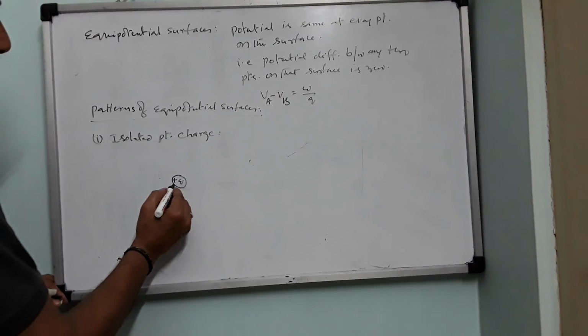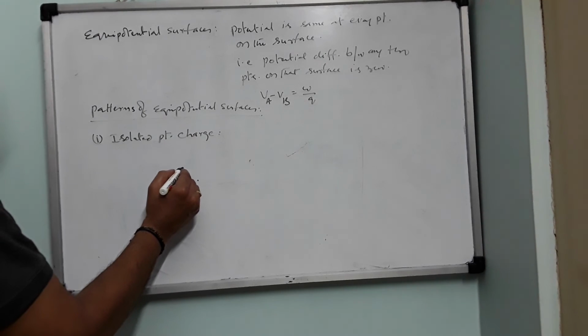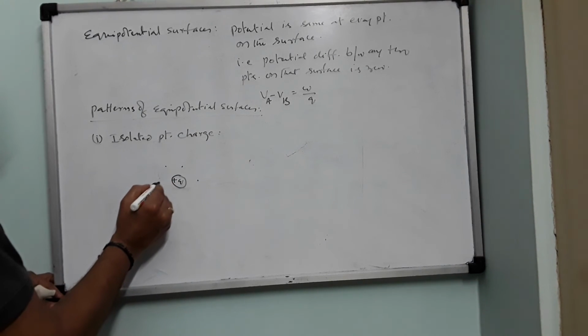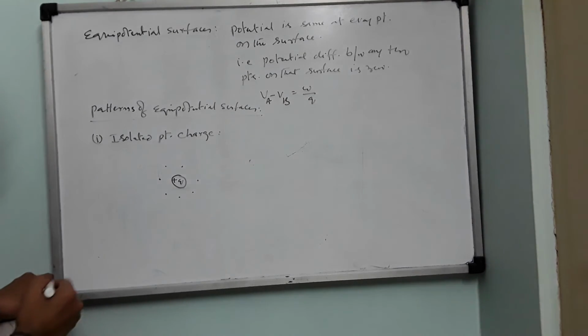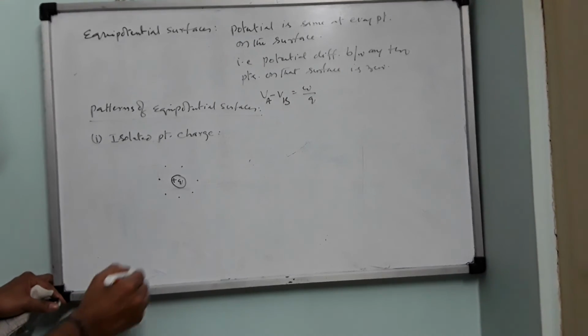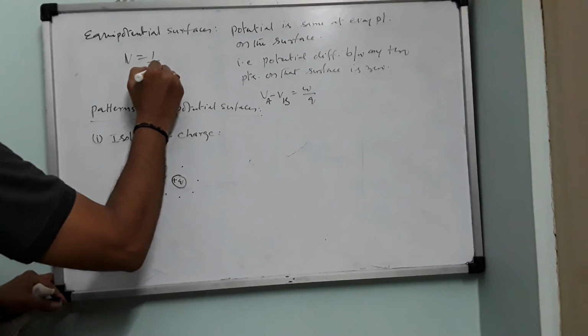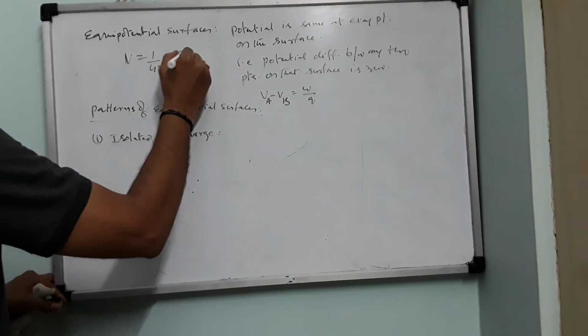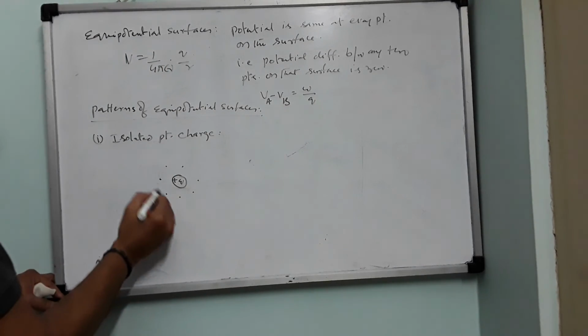I select a point at 1 centimeter here, here also, here also, here also. Around this charge I will consider all these points. Now by symmetry, by the formula V equals 1 by 4 pi epsilon naught into Q by R, where Q is the source charge and R is the distance of the point of interest.